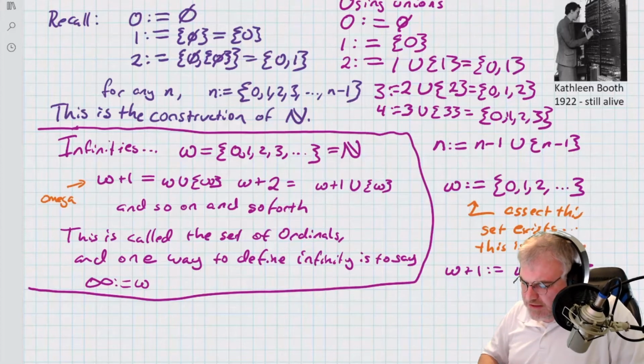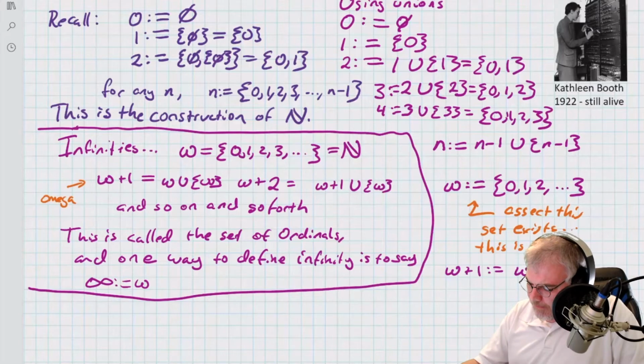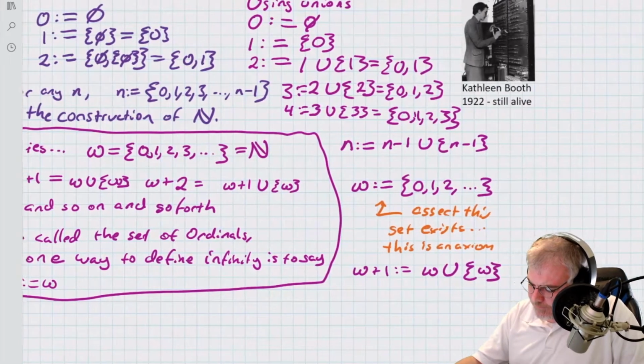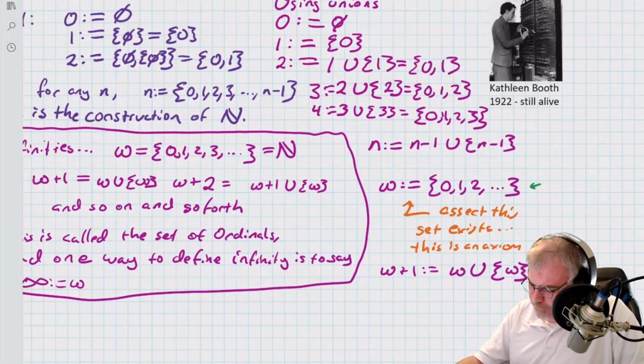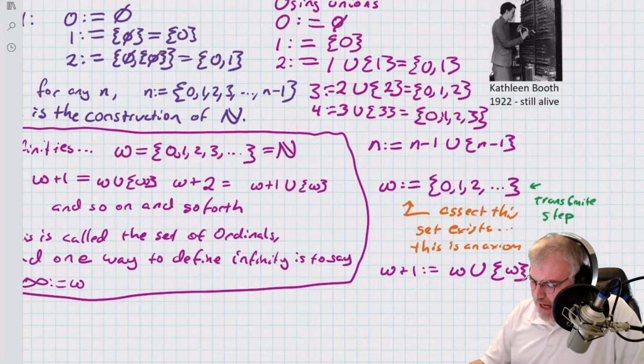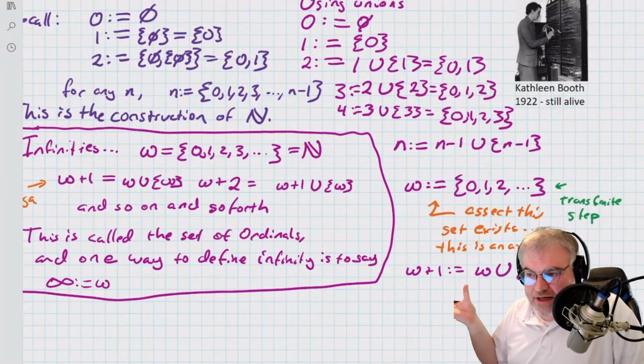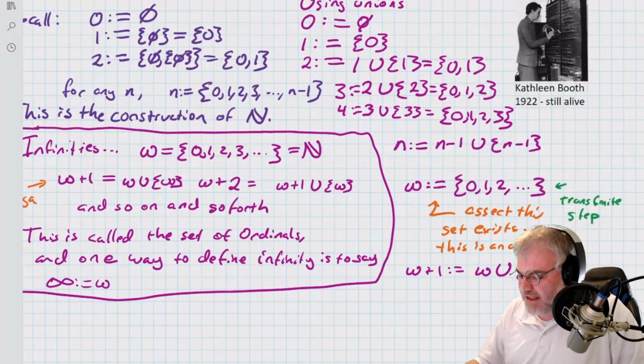Right? By the way, this is called the Trans-Finite Step. So I can go to infinity and beyond. I just have to assert that this set exists.